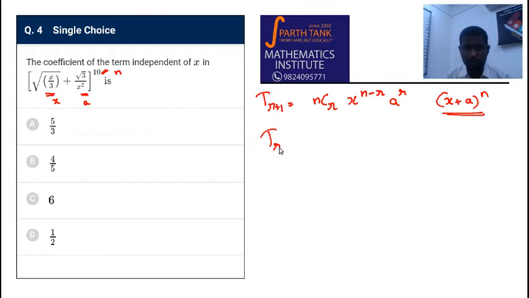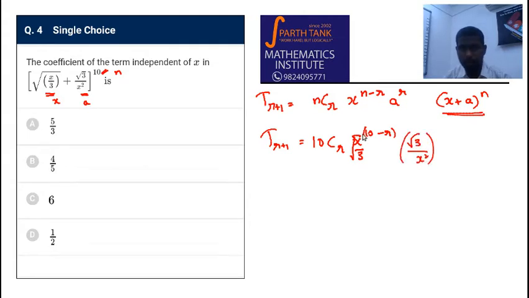So my general term is going to be 10Cr times (square root of x by 3) raised to 10 minus r, and a, which is (square root of 3 by x squared) raised to r. Now this can be simplified.